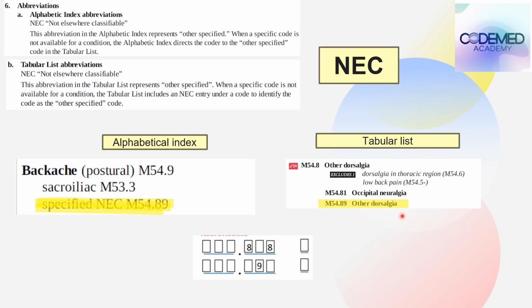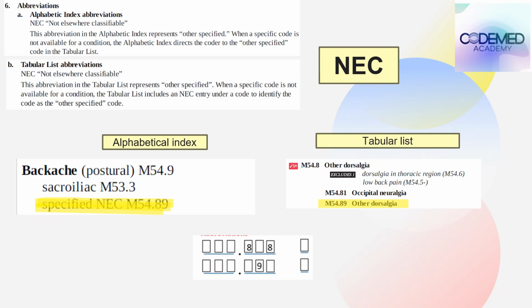So this is the code other dorsalgia. This will be the tabular list entry. This is the alphabetical index entry, and you can observe that most of the time whenever there is a NEC, the fourth character is always an 8, or the fifth character is always a 9.